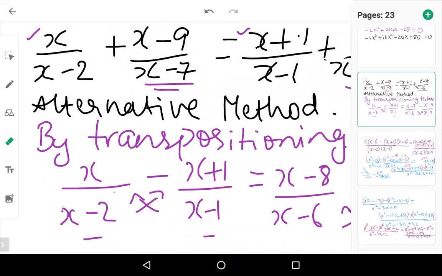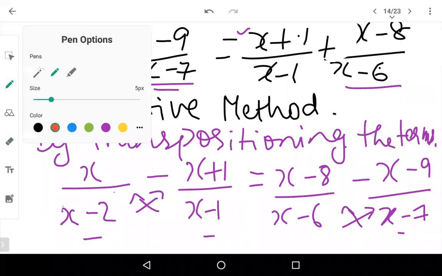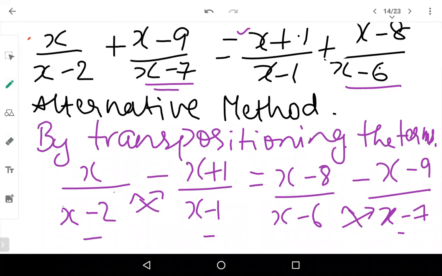Okay, we solved this problem once again. Now in this problem, we used an alternative method, and here we changed the sides of the problem a little. Now how did we understand that? Because if you see the first expression here, this expression has x divided by x minus 2, and the first expression on the other side has x plus 1 divided by x minus 1.